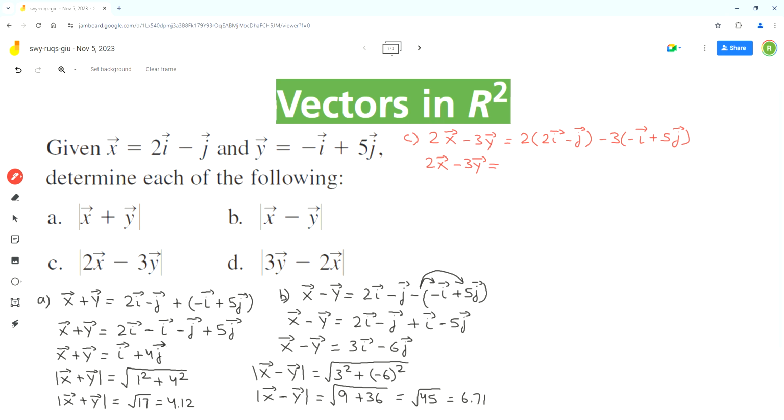So we are doing scalar multiplication. So 2 times 2 is 4. So negative 3 times negative 1 is positive 3.